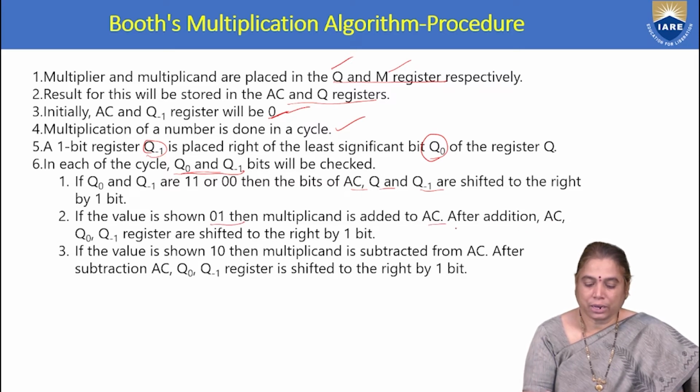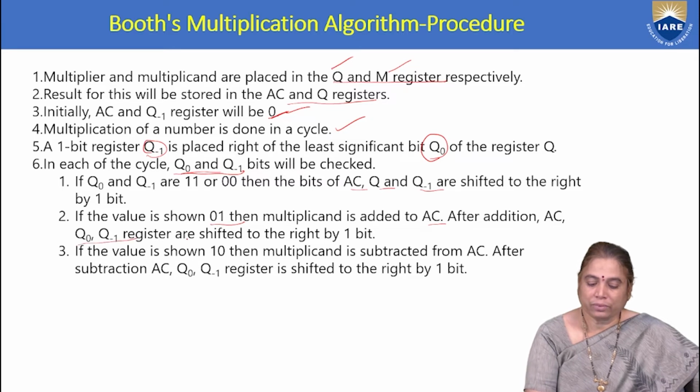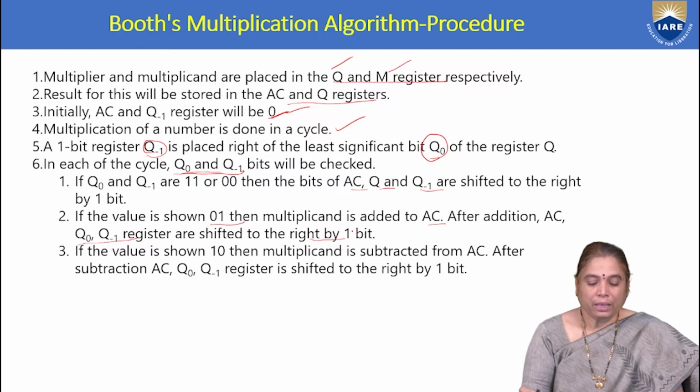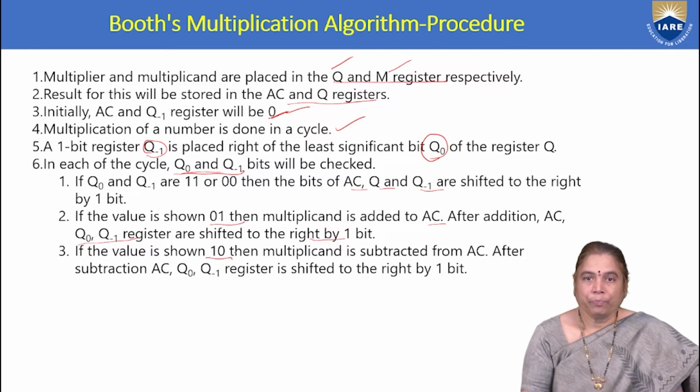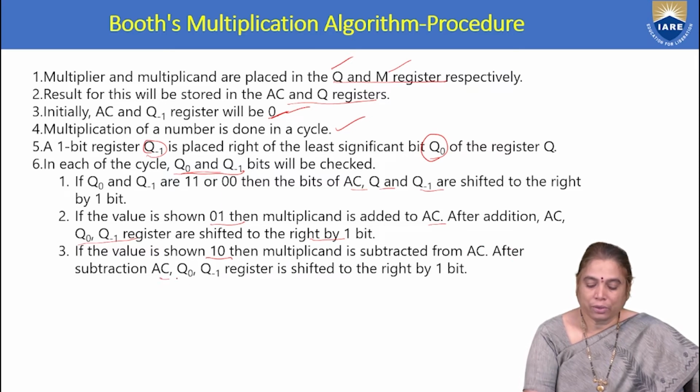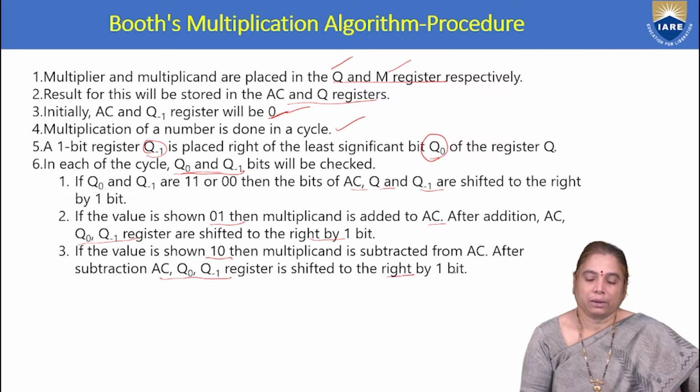After addition, the AC, Q0, Q1 registers are shifted right by 1 bit. If the value is 1, 0, then the multiplicand is subtracted from AC. After subtraction, the AC, Q0, Q1 registers are shifted right by 1 bit. This is the general procedure followed in Booth's multiplication algorithm.